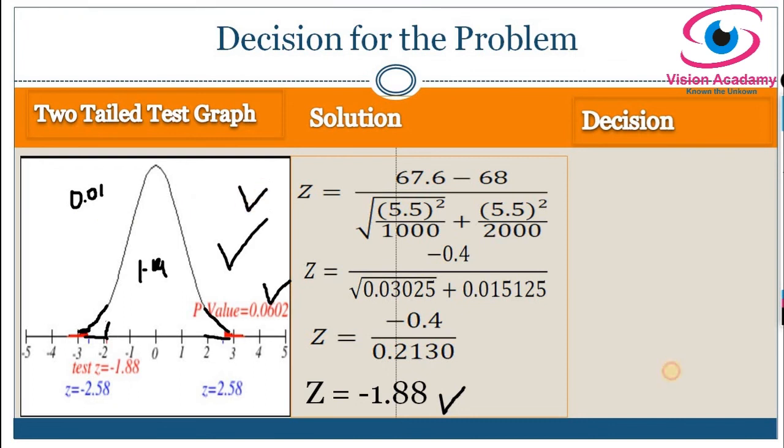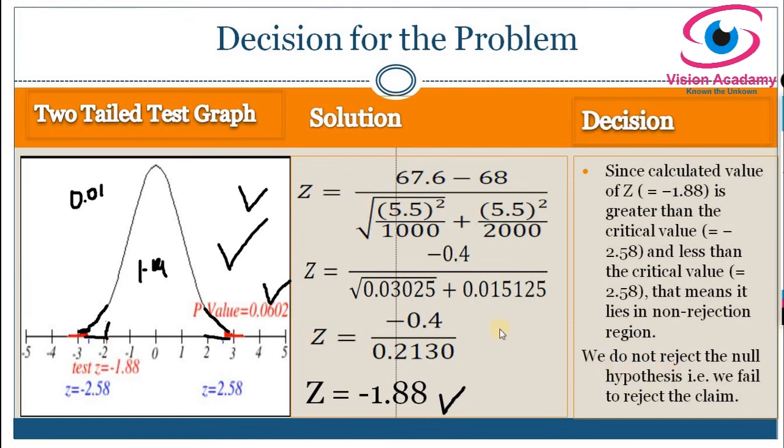So the decision is to retain the null hypothesis, since the calculated value, minus 1.88, is greater than the critical value of minus 2.58 on the left side and less than the critical value 2.58 on the right side. That means it lies in the non-rejection region, so we fail to reject the claim.